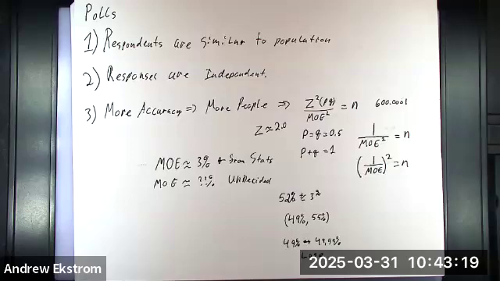So I want to look at say 0.05, let's say 0.01, and oops, that should be 0.05.